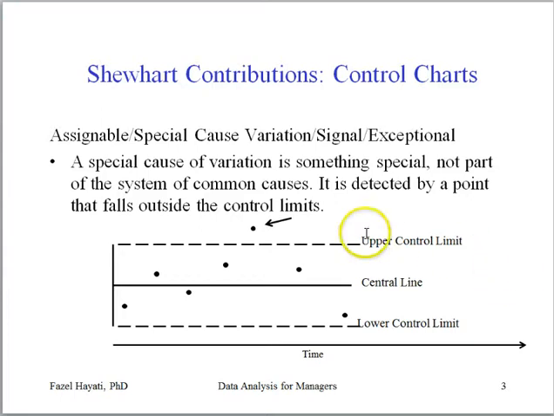It is generally detected by a point outside either the upper or lower control limits. In this case, this value manifests special cause variation. In addition to the common cause variation, something special, something unusual, something exceptional has occurred here that warrants investigation. Here we ask what happened, so we have to investigate this point.